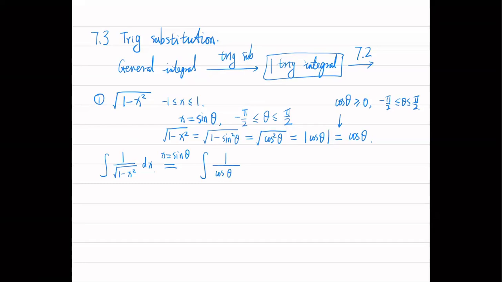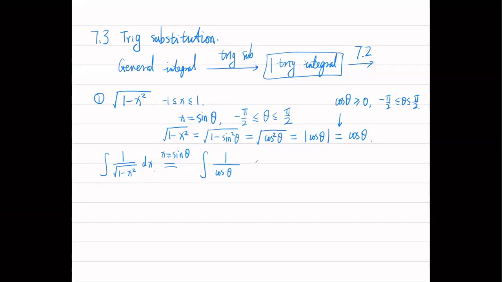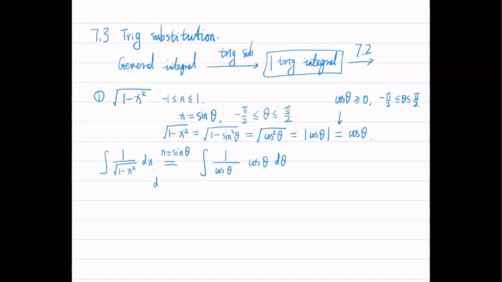Okay, the difficult part. What's the dx? Sophia, what's the dx? x is sine theta. Negative? No, just regular cosine. It's cosine theta d theta. Okay, so this is dx, the differential.